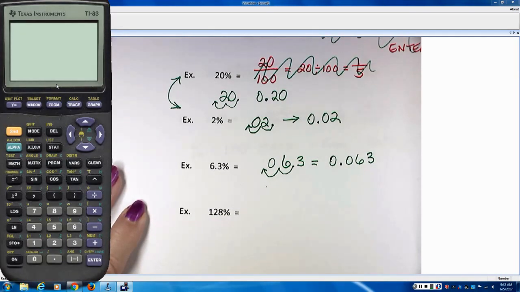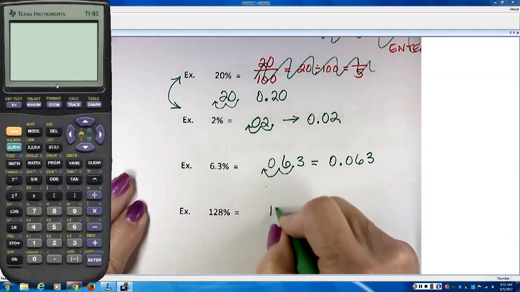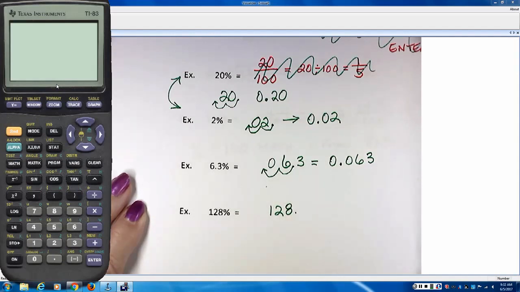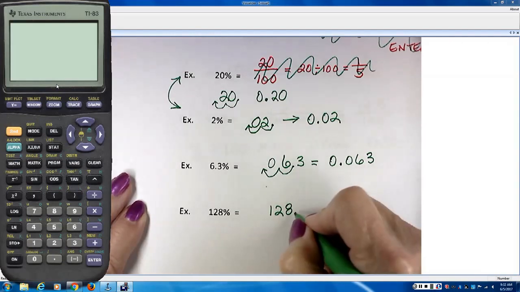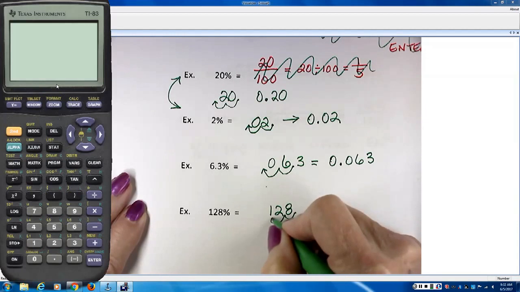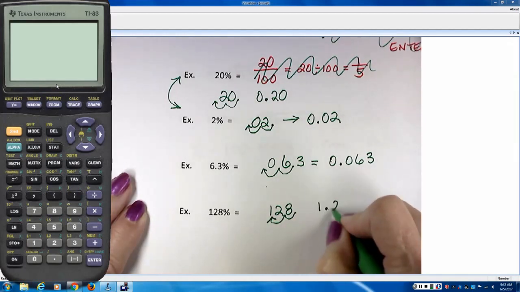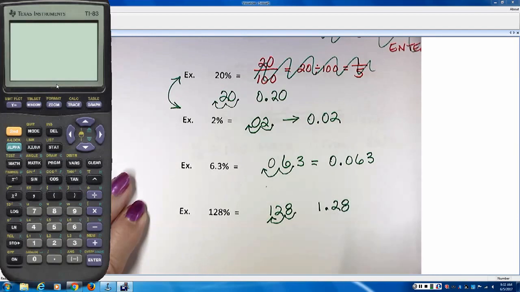Same thing with 128%. 128. The decimal's understood to be right there at the end of the number. Leave off the percent, move that decimal 1, 2 places, which means it's going to be between the 1 and the 2. So it'll be 1.28. Okay? Any questions so far?